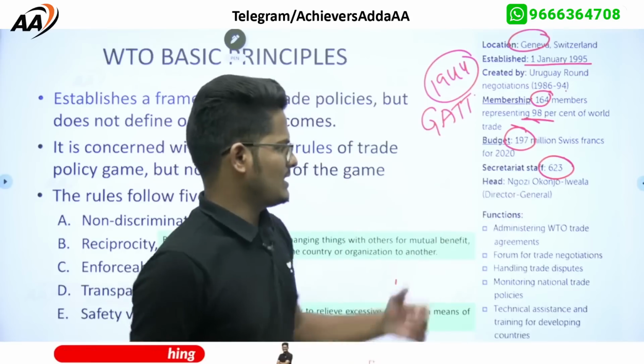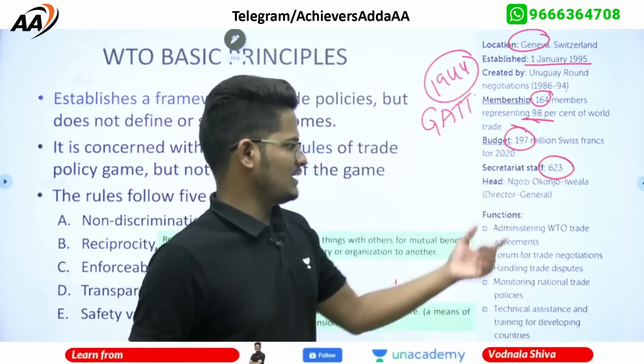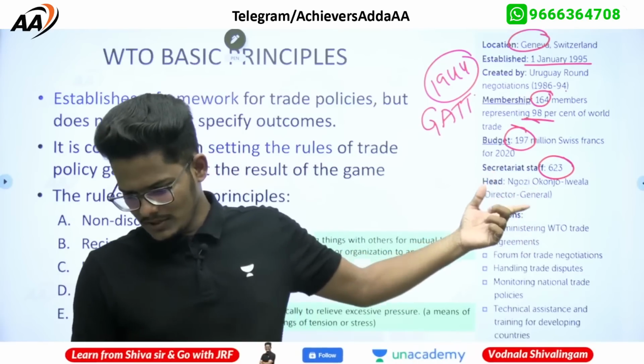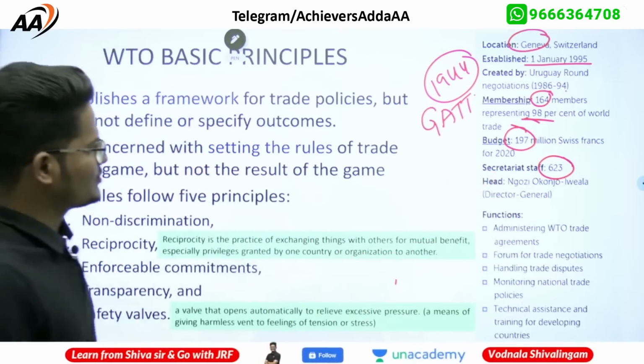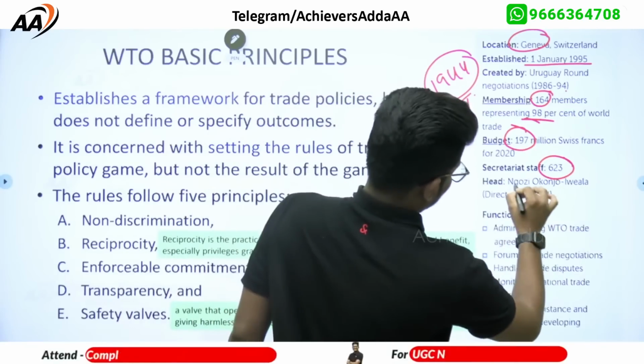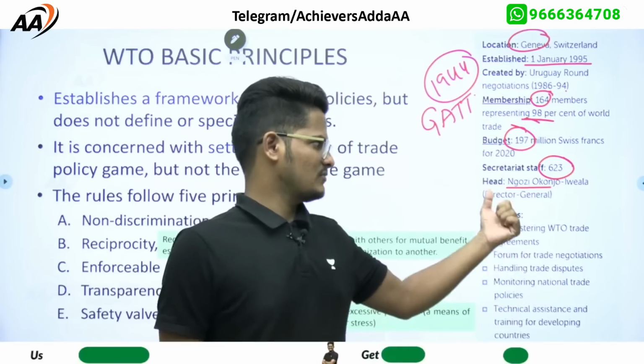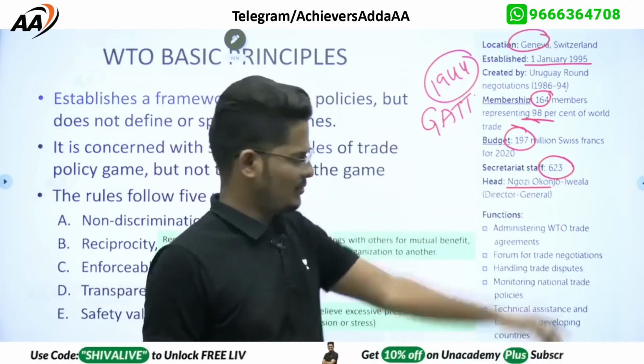The head, the present director general, you can read this name. If you want me to zoom, I will zoom in. But I cannot spell this. Okonjo-Iweala. Okay, let it be.